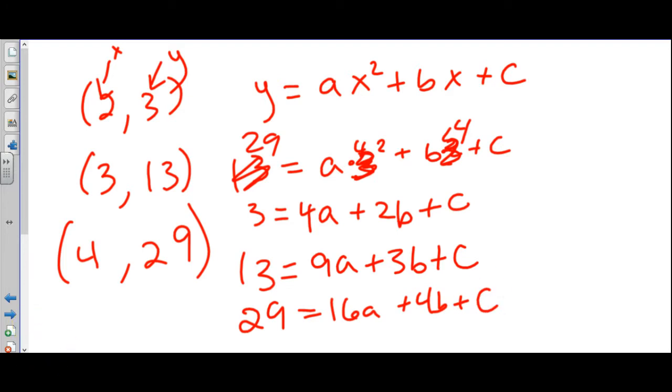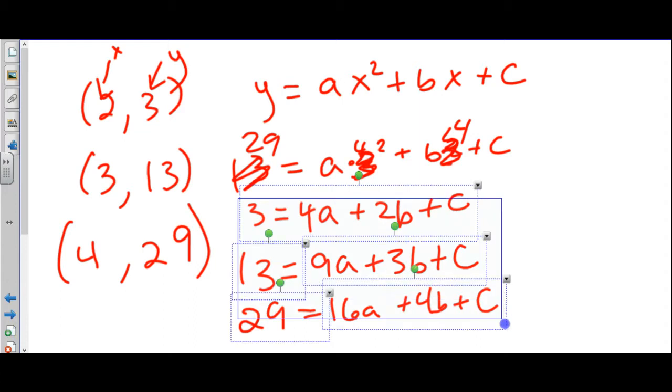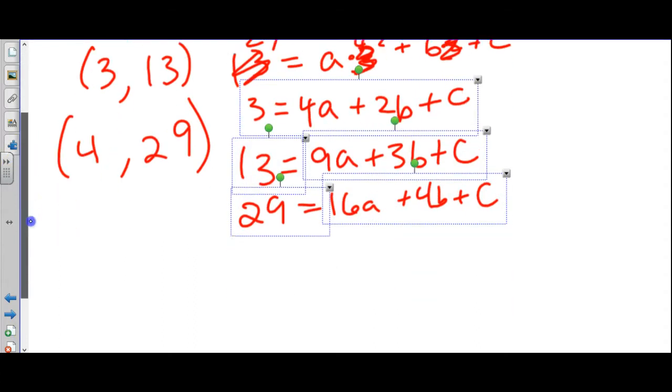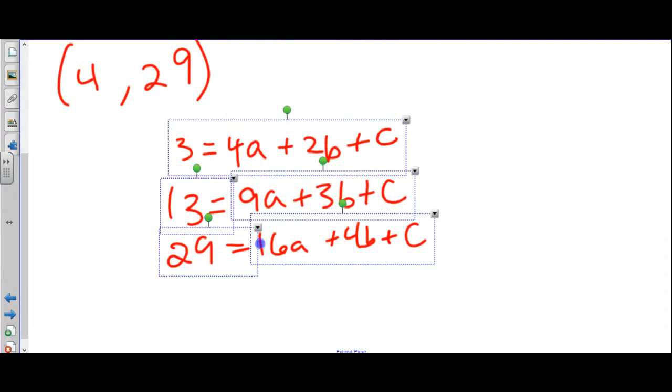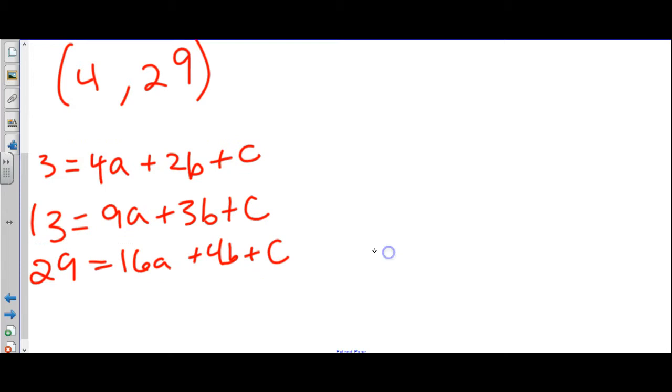So the question is, how do we solve something like this, where we have 3 equations that we're working with? So we're going to have to solve this using a method called substitution, or you could use elimination as well. Let's actually go with elimination. It's a little bit easier.